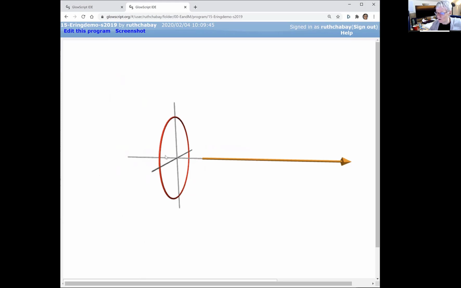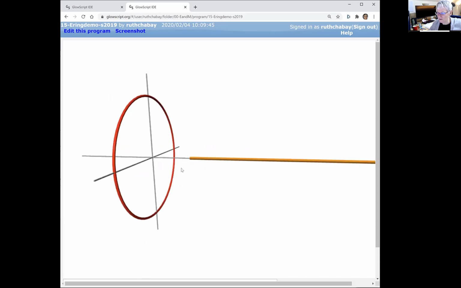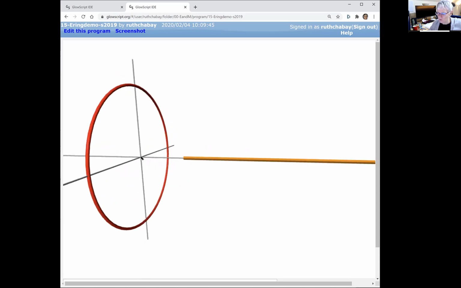And now, if you're right in the center of the ring, you might think about what that should come out to be.